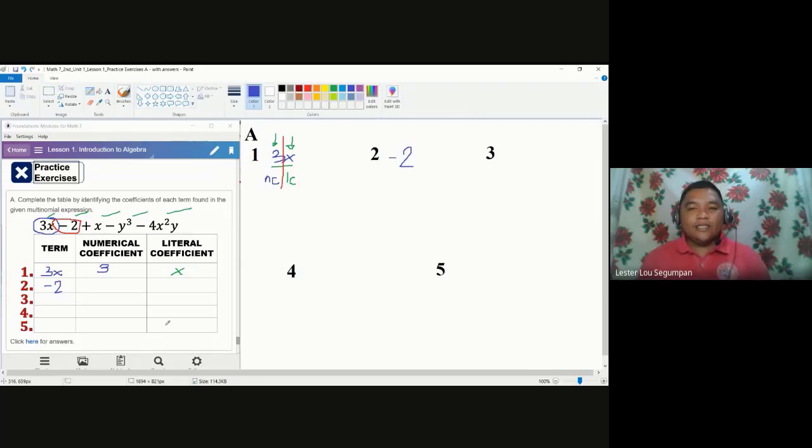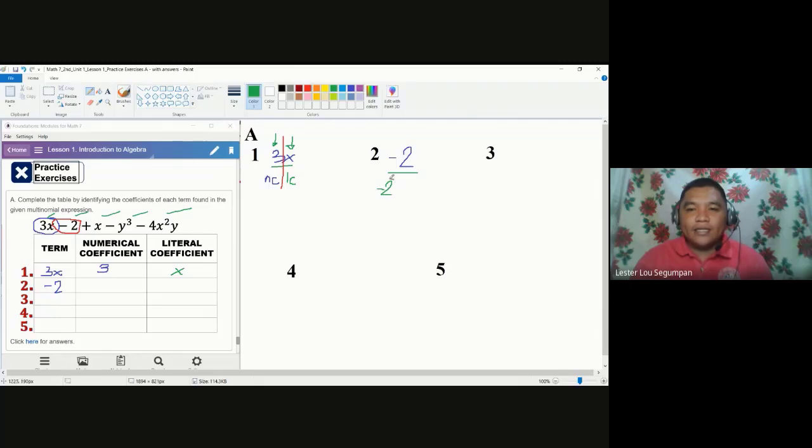Now that we have determined the second term, we go to the numerical and literal coefficients. As for this second term, I already mentioned that the operation before it becomes its sign. So the constant or the numerical coefficient of this term is negative 2.